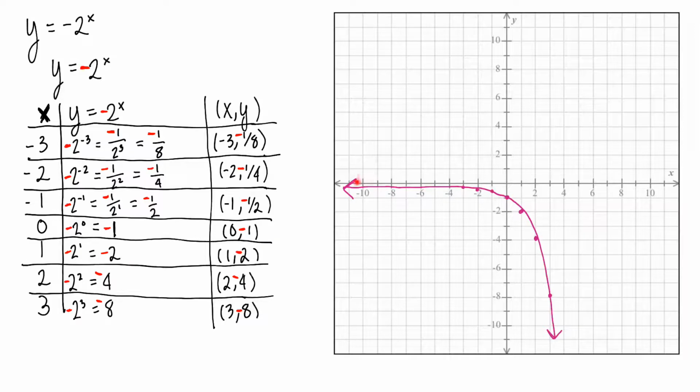It's close to the x-axis on the left side and far away on the right side. However, it's just flipped over the x-axis. Because if you remember, if you had negative f of x, this was a flip over the x-axis. So this is a reflection over the x-axis.